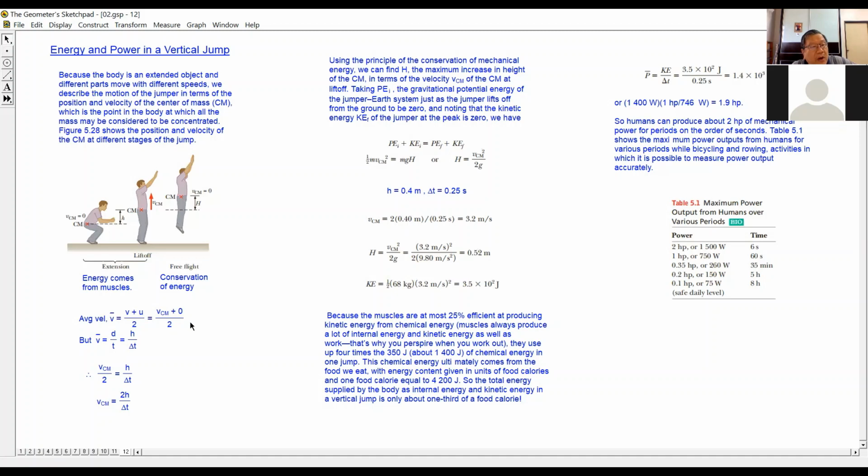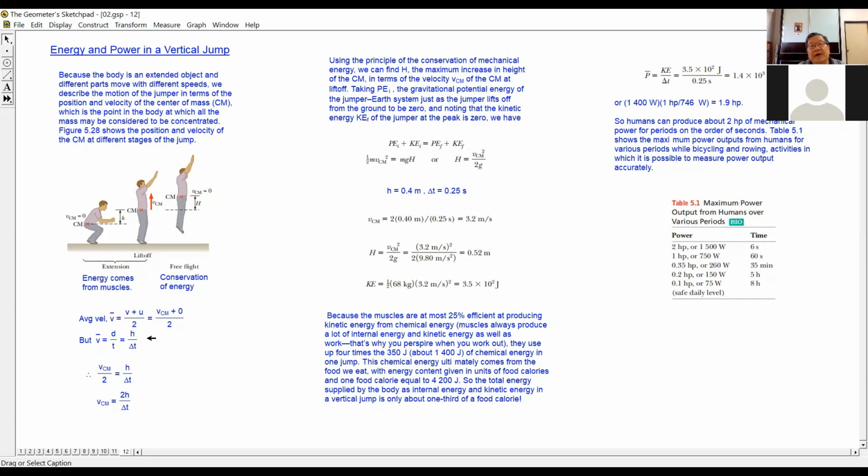But we also know that the average velocity is the distance moved divided by time. The distance moved by the center of mass is h, and the time taken is delta t. So we have two different expressions involving the average velocity.